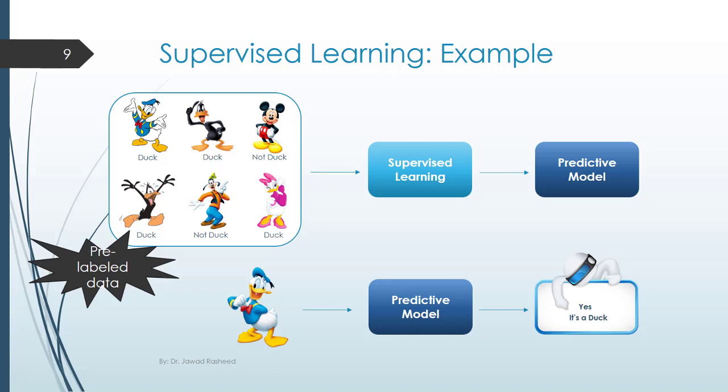Just take that model and fit it onto your machine so that you can predict on unseen data. You can deploy it on your mobile phone, for example. It is ready to recognize new pictures right away. You can just take a picture, feed it to that application, and the application will recognize whether it is a duck or not a duck.